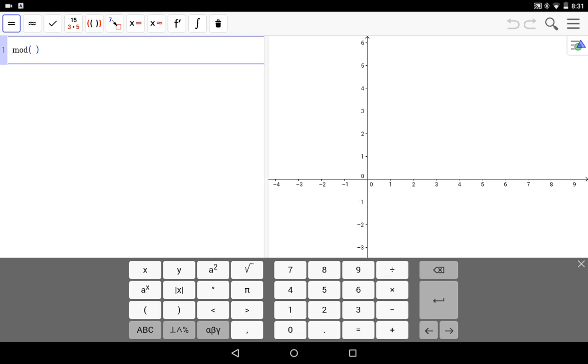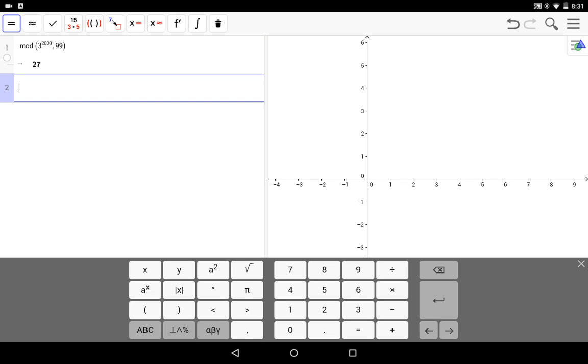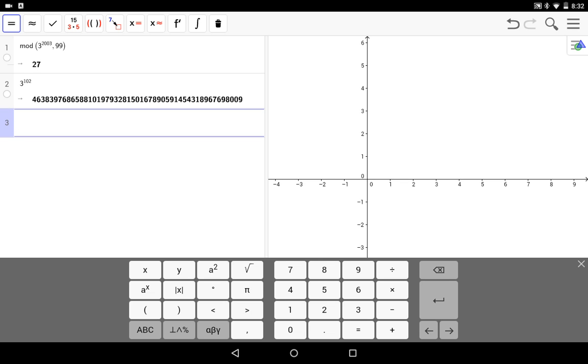If you wanted to do 2 to the power, sorry, it was always 3. 3 to the power of 2003, comma 99. So all that sort of stuff that we've done before, say 3 to the power of 102. It'll do exact solutions in terms of the computer algebra system.